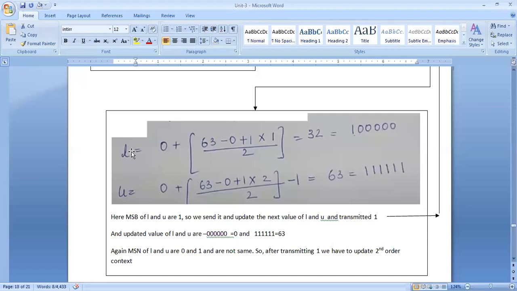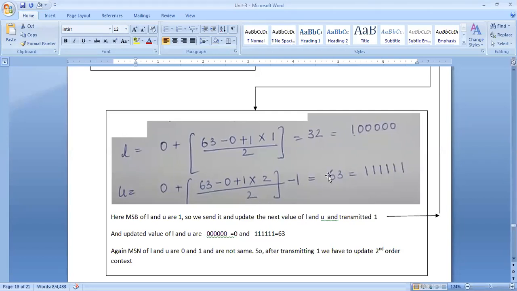So again we calculate the value of L and U. So apply the formula, do the work, and we will find the lower value is 32 and upper value is 63. So conversion of this lower, 32, into binary format of 6 bits is 1 followed by 5 zeros, and upper value is 63.